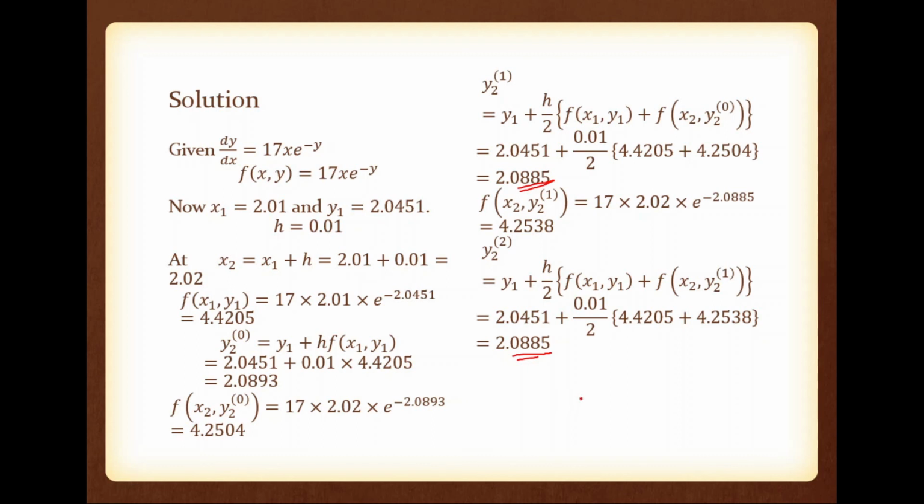So we can write y of 2.02 is equal to 2.0885. And please note, we are asked to find y of 2.02. So this is the value. y of 2.02 is equal to 2.0885.